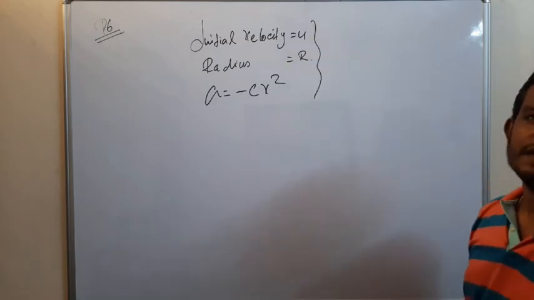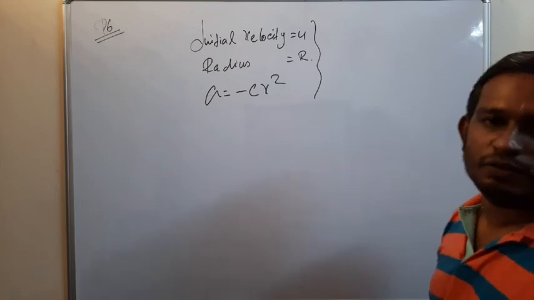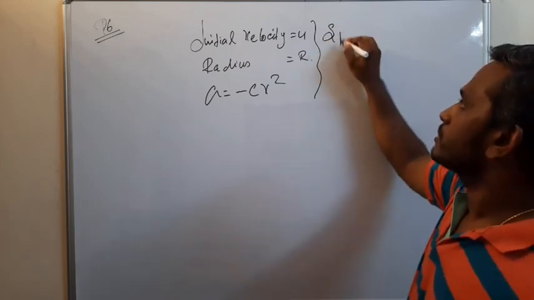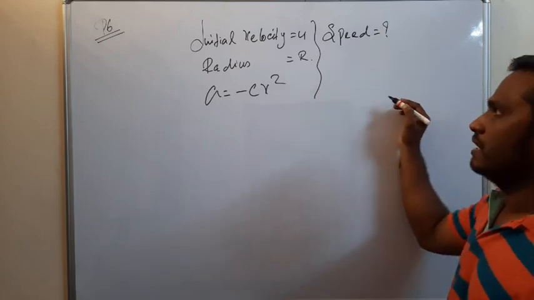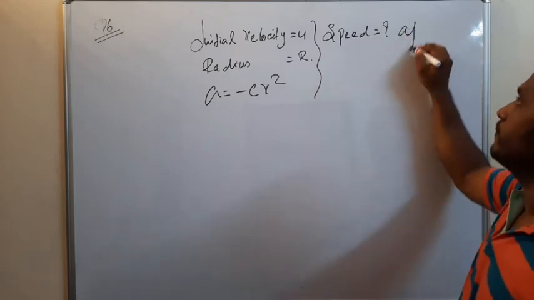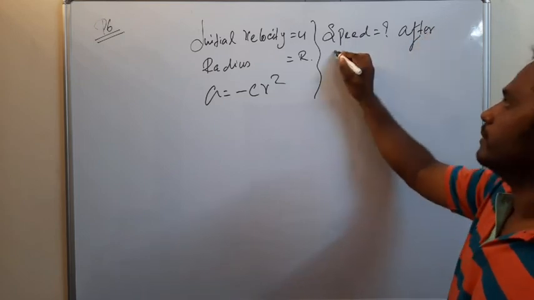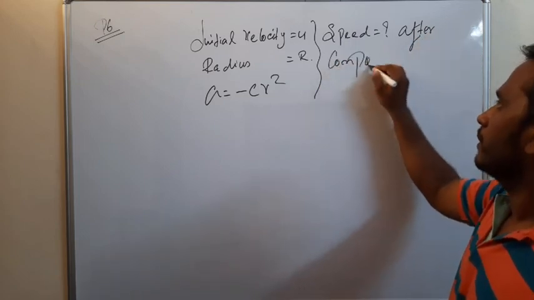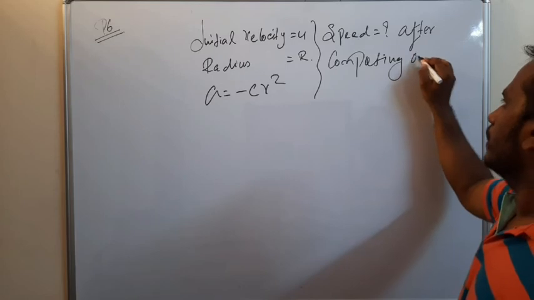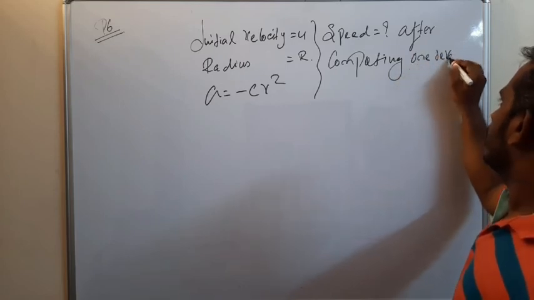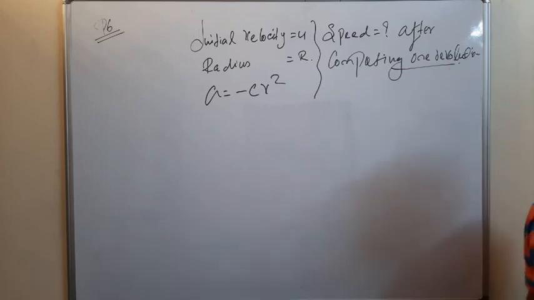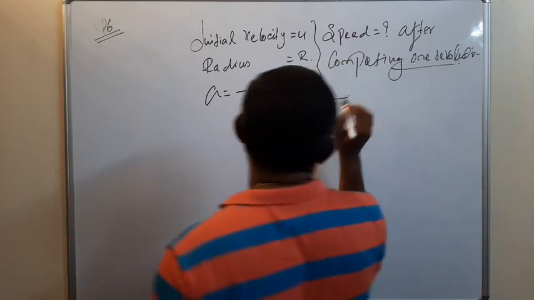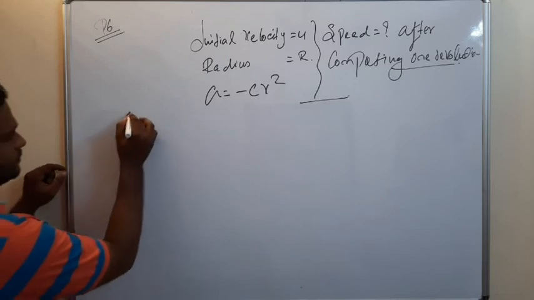What is the speed of the particle after completing one revolution?